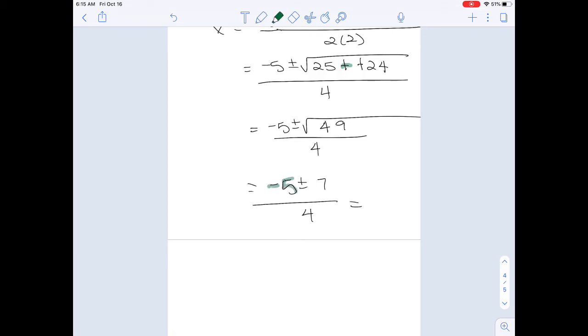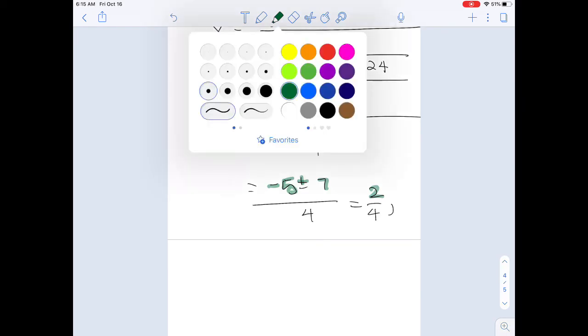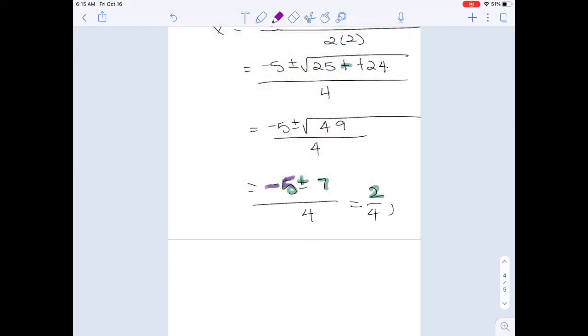So I know negative 5 plus 7 is 2. And then negative 5 minus 7 is negative 12 over 4. And now we can simplify. 2 over 4 is 1/2.